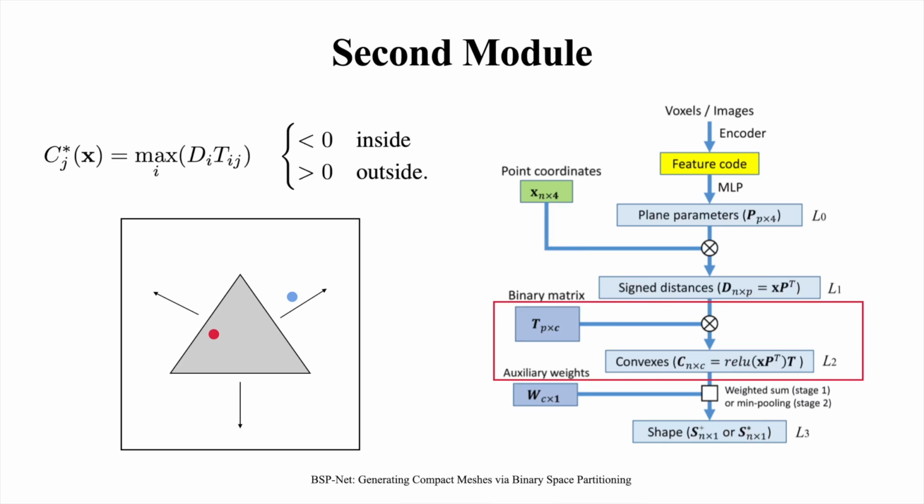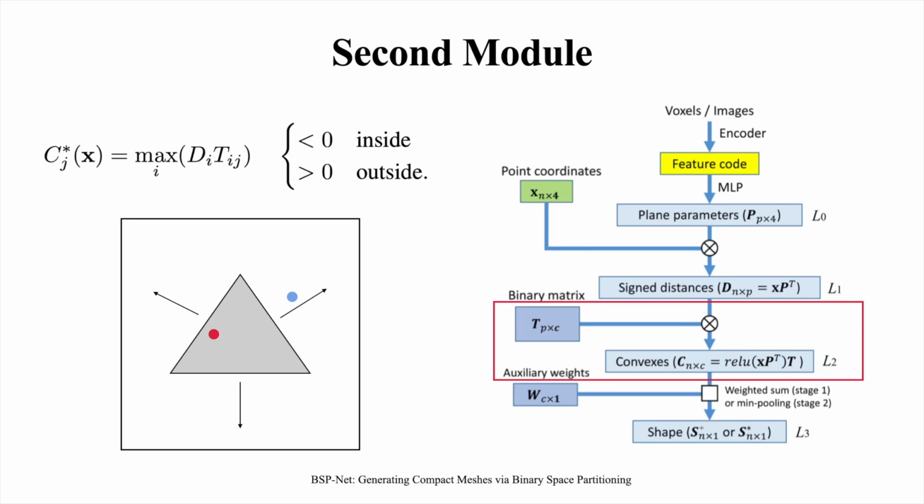However, using this equation, if we do the training, the gradient would only flow through one plane, which has the maximal distance value. Then the whole training process would be kind of problematic. To relieve this problem, the authors then propose another equation to do basically the same job.